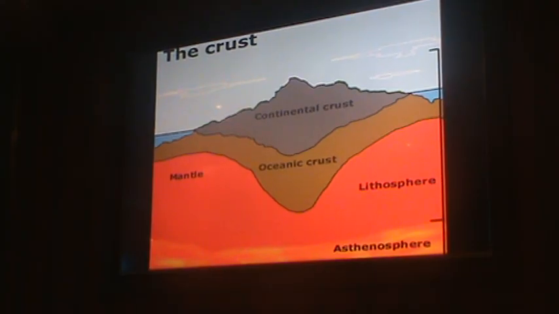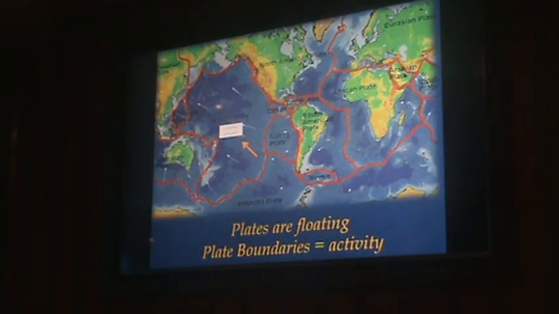And when these plates crash together, they can interact in different ways. But remember, the oceanic crust is more dense than the continental crust. So if these two crusts crash into each other, which one's going down? It's going to be the thicker, the more dense, the heavier crust. And that's going to be the oceanic crust because it's heavier. So it's going to go underneath that continental crust. So just keep that in mind.